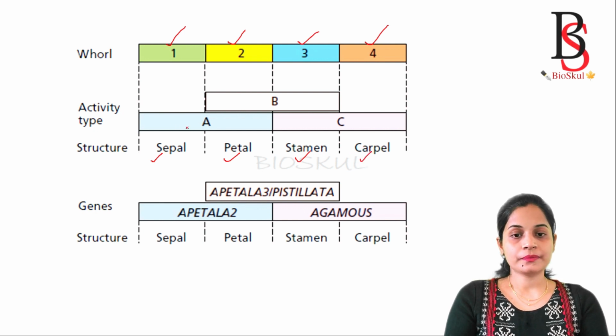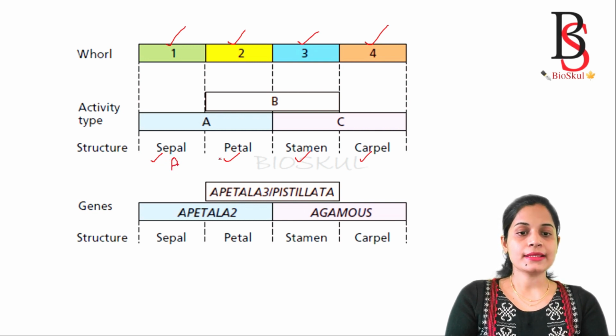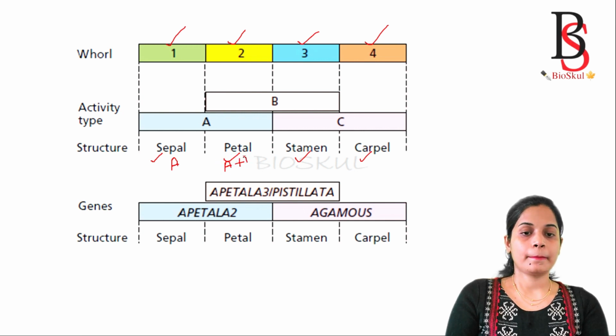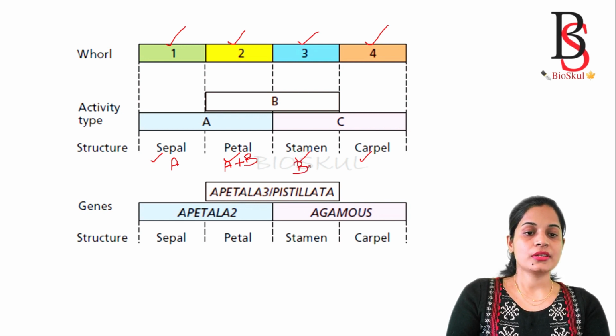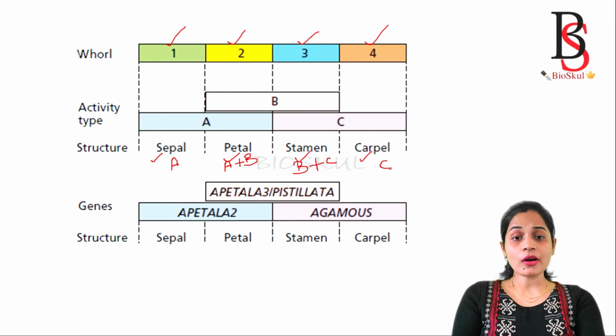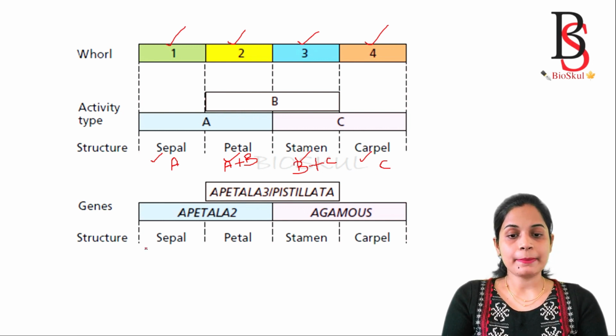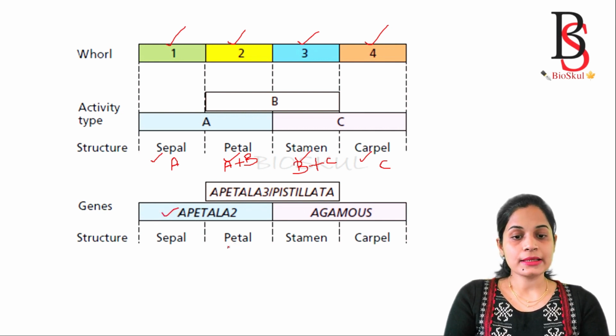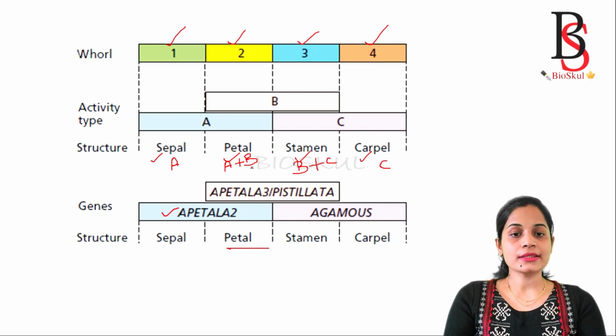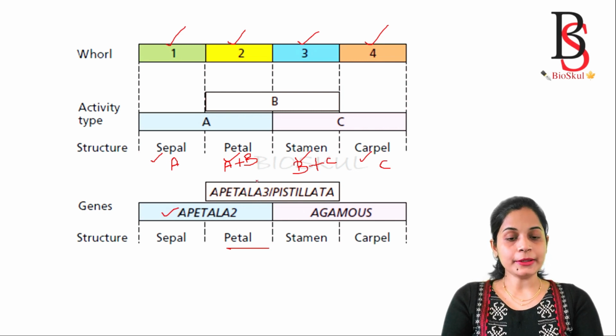Sepal is represented only by class A, whereas the petal is A plus B, and the stamen is B plus C, and the carpel is only C. Now we'll see what genes are present. The sepal has only A, so the gene is Apetella 2, whereas the petals are A plus B. A is Apetella 2 and B is Apetella 3 plus pistillata.